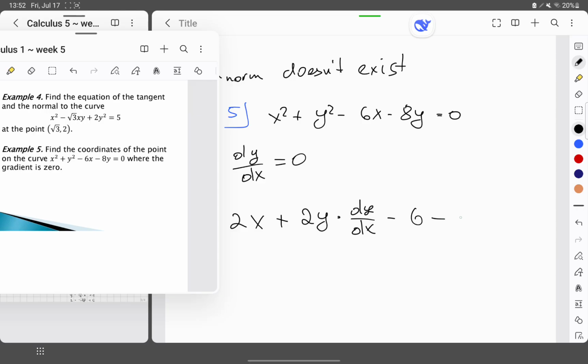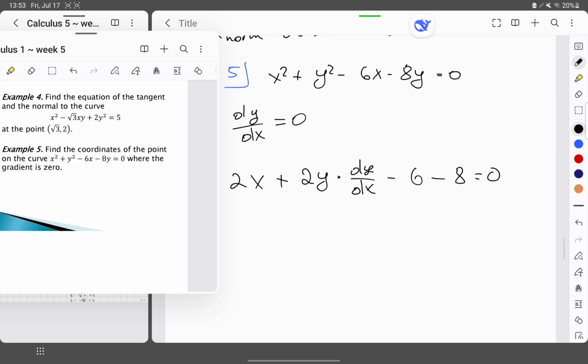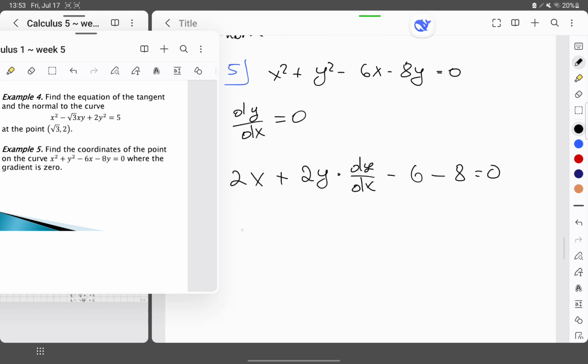Derivative of y, I think it will be 0. I don't know, I hope it's right.